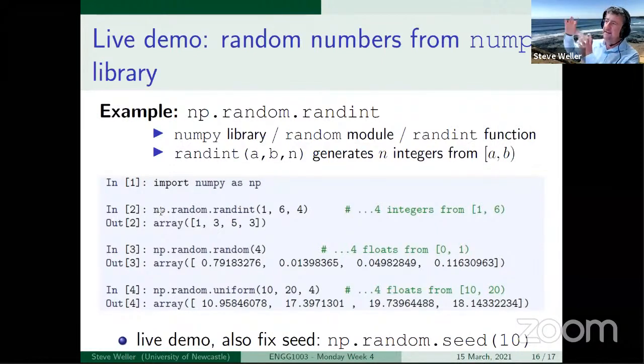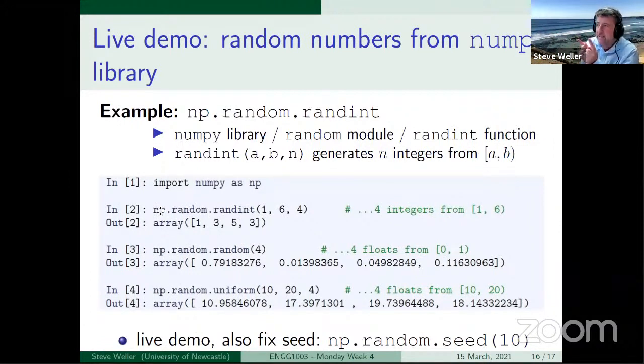So it's sort of like a hierarchy going on here. In order to access the function that we want, randint, which is going to generate random integers, we need to access the module, and the module sits inside the NumPy library. So we import the NumPy library, and then we just use np.random.randint to access this randint function.